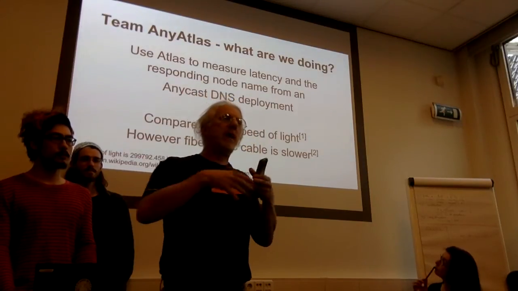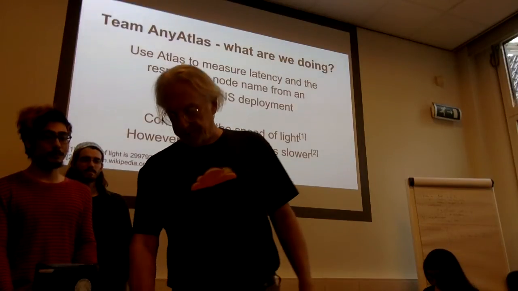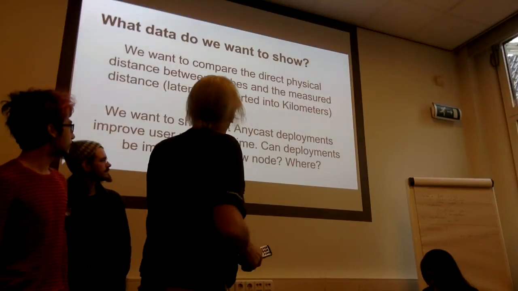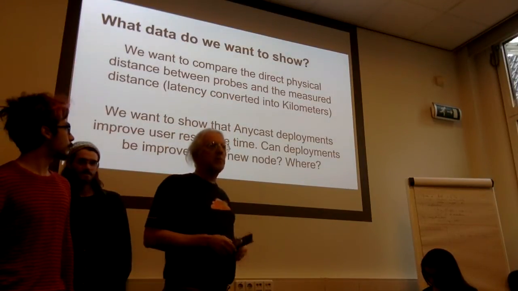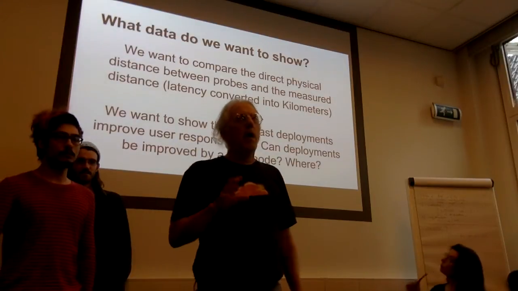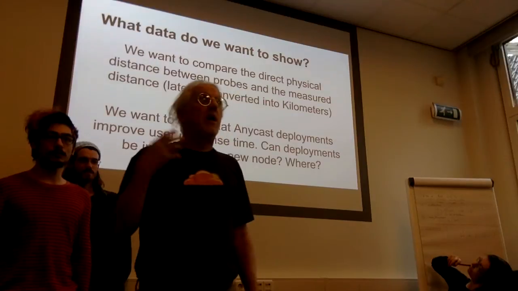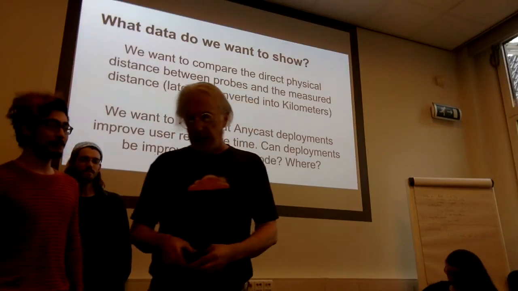But not just measure it for any old destination, measure it for Anycast destinations. So the whole goal here is that we want to really show on an Anycast deployment, which we'll explain in a moment, whether we're going to the right location, or more importantly, could we actually come up with the next location to deploy in the world of Anycast.